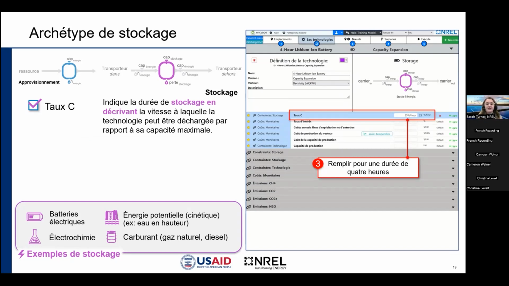The storage duration is a necessary field that should be specified for every storage technology using the C rate parameter. The C stands for the maximum capacity of the storage technology, which means that the C rate describes the rate at which a storage technology can be discharged relative to its maximum capacity.